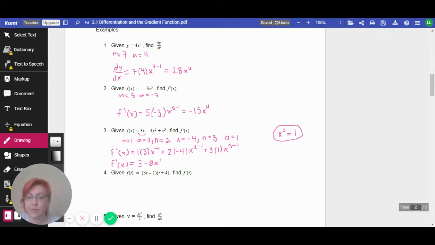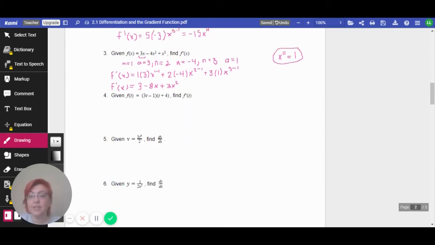That's an assumed exponent if we just have x, plus 3 times 1 is 3. X to the 3 minus 1 is 2. All right, and there's the gradient function for the curve.